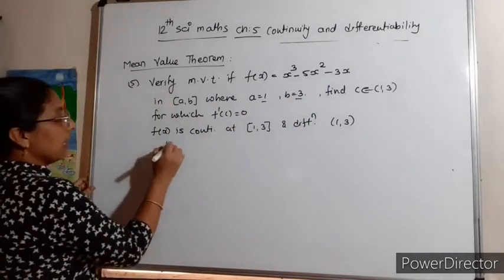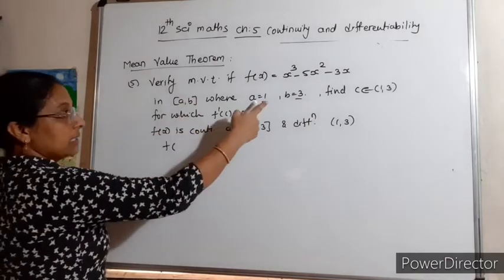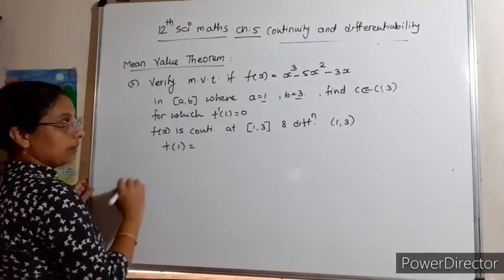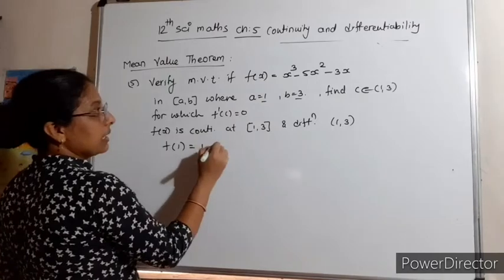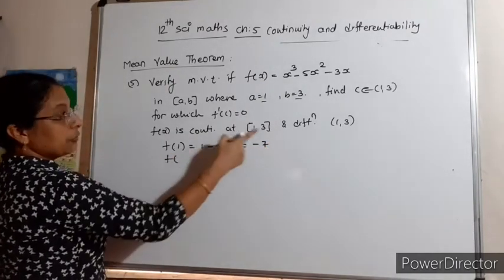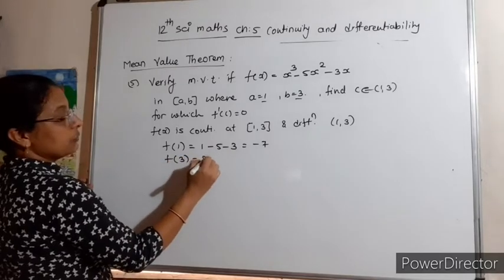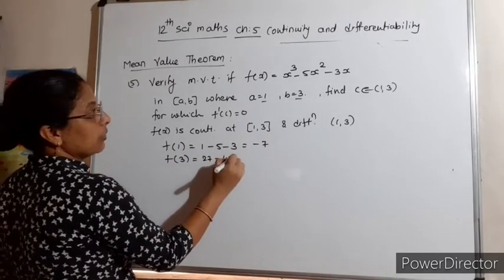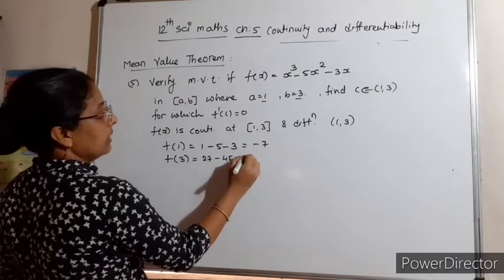Now we'll find f of a. a is 1, so it is f of 1. f of 1 is 1 minus 5 minus 3 minus 7. f of 3, that is 27 minus 45 minus 9.